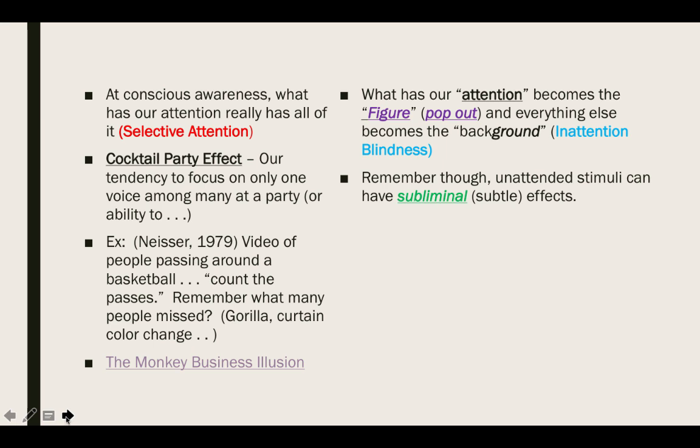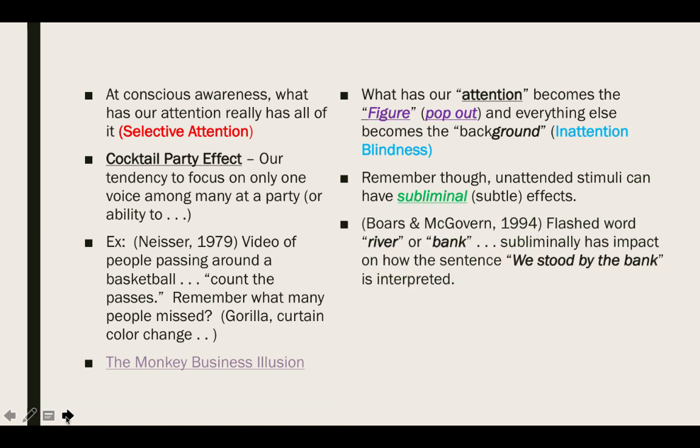And remember from our previous information in our sensation basics video and talking about it in class, that unattended stimuli can have subtle effects, and those effects are called subliminal effects. An example would be if we subliminally flash the word river or bank on a screen and then ask somebody to write a sentence about the statement, "We stood by the bank," how would that be interpreted?